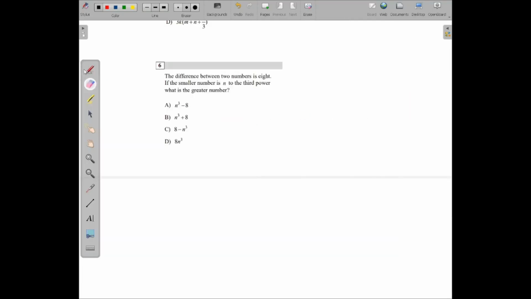And for the last one, we have this statement that is divided in two parts. The first one says that the difference between two numbers, difference means minus. So the difference between two numbers, a minus b, let's call them a and b, is 8.